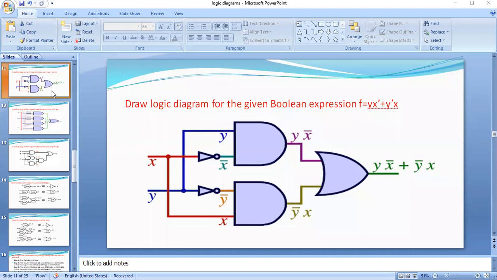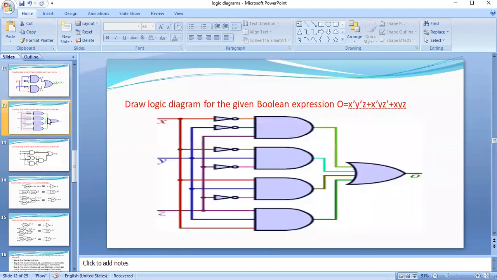Next, in the same way, I'm taking one more example to draw the logic diagram for the given Boolean expression.